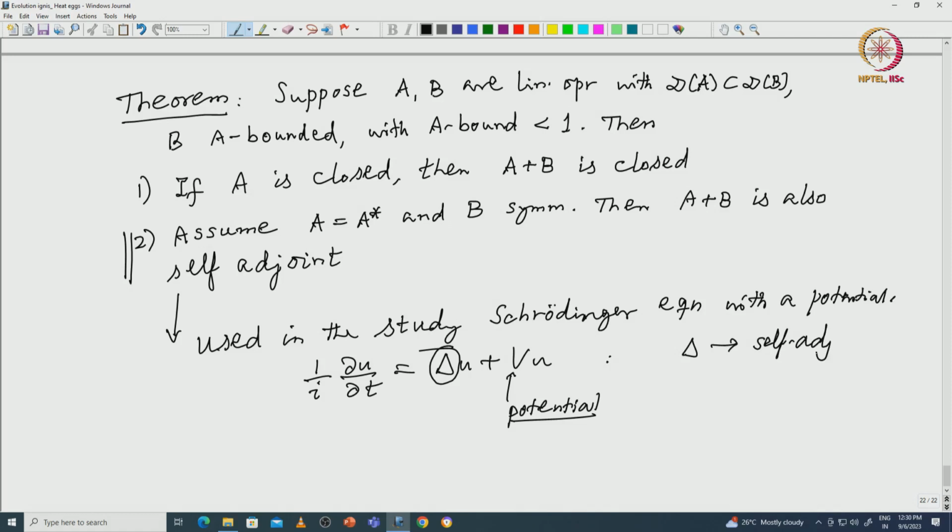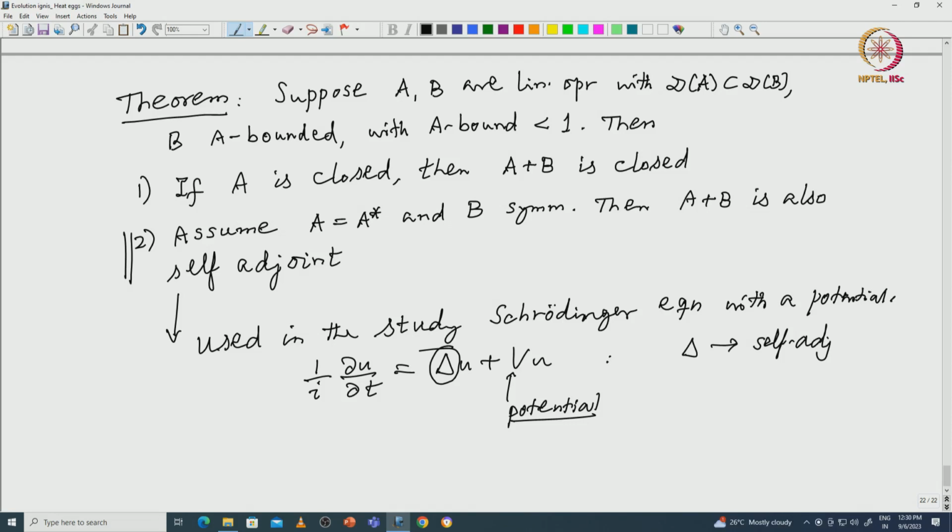So, I am not telling you what is the space and what is the domain. We will come to that, and since V is real valued, certainly this multiplication operator is symmetric. Okay.